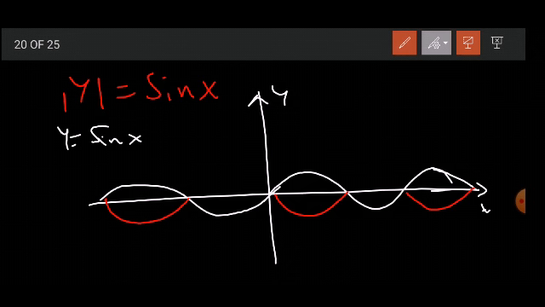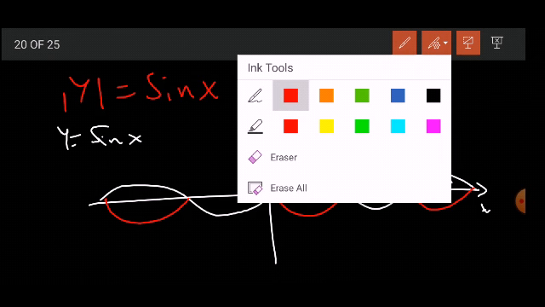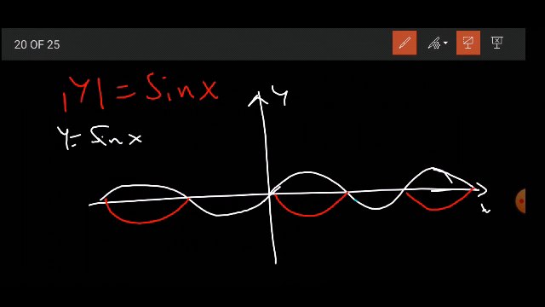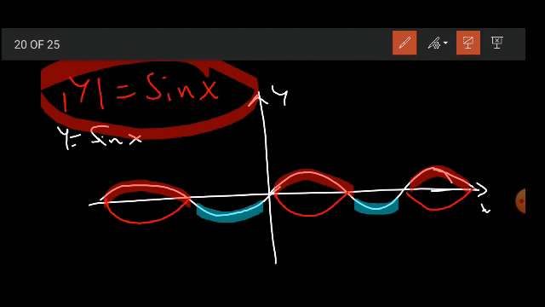This portion will be rejected, and we have to flip this upper part into the lower, and this also has to be considered in the positive region. These are the graph of |y| = sin x. Okay.